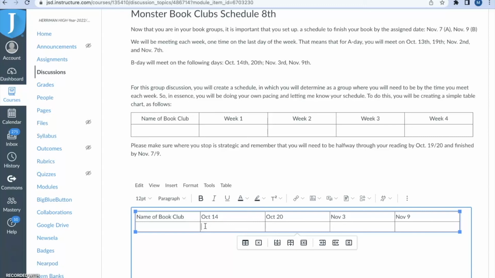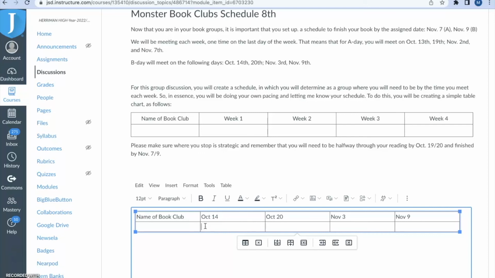However you decide to read the book, make sure you're thinking strategically here. Reading a fourth of your book by Friday, based on what I've noticed from my classes, would be kind of difficult.